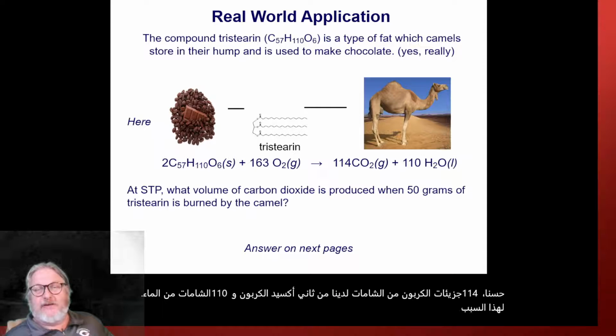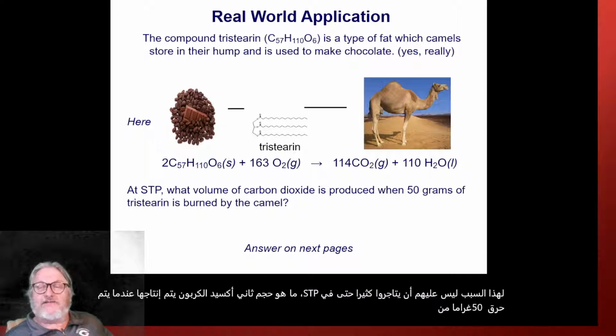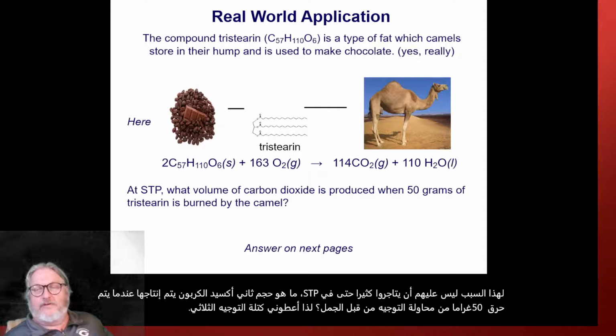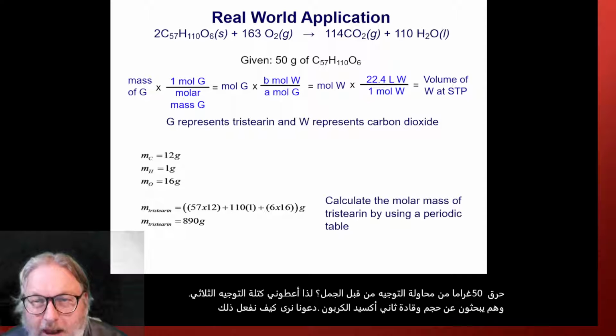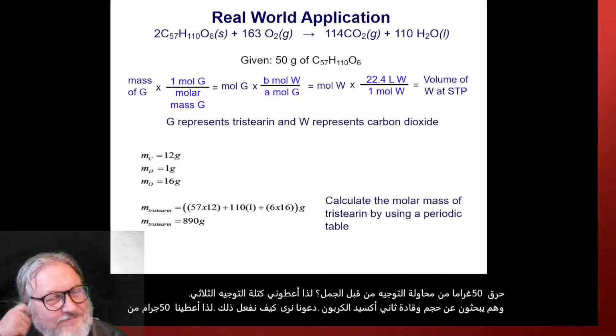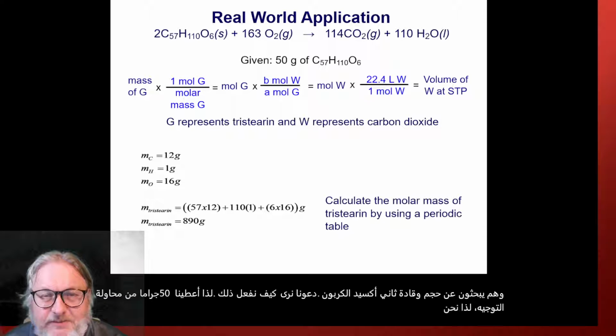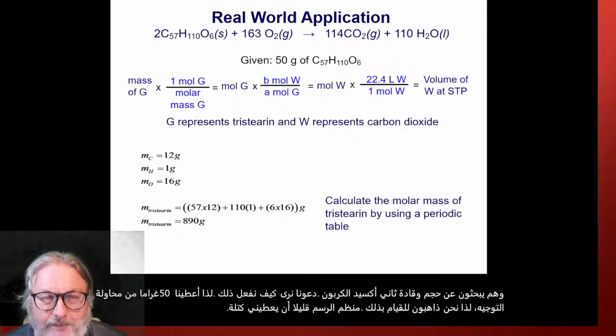So at STP, what volume of carbon dioxide is produced when 50 grams of tristyrene is burned by the camel? So they gave me the mass of the tristyrene, and they're looking for the volume in liters of the carbon dioxide. Let's see how we do it. So we were given 50 grams of tristyrene. Using that little graphic organizer, that gives me the mass. Then I'm going to convert to moles of G, right?